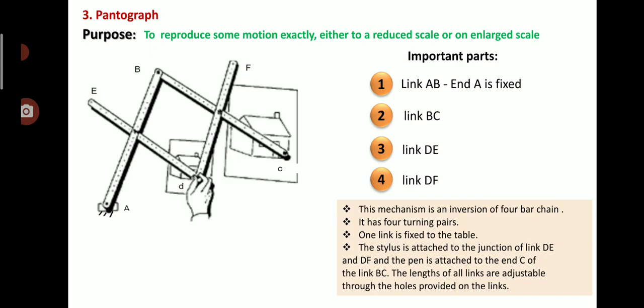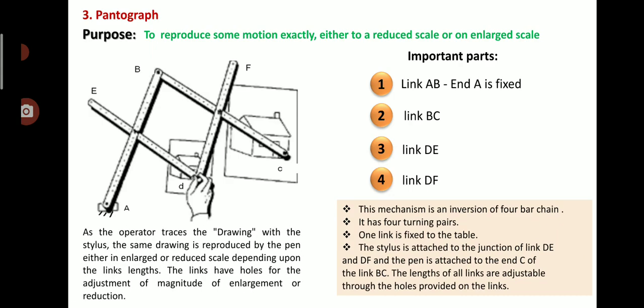You will see the dotted spots on these links, and we can get different lengths. As the operator traces the drawing with the stylus, the same drawing is reproduced by the pen either on an enlarged or reduced scale depending upon the link length. The links have holes for adjusting the magnitude of enlargement or reduction.